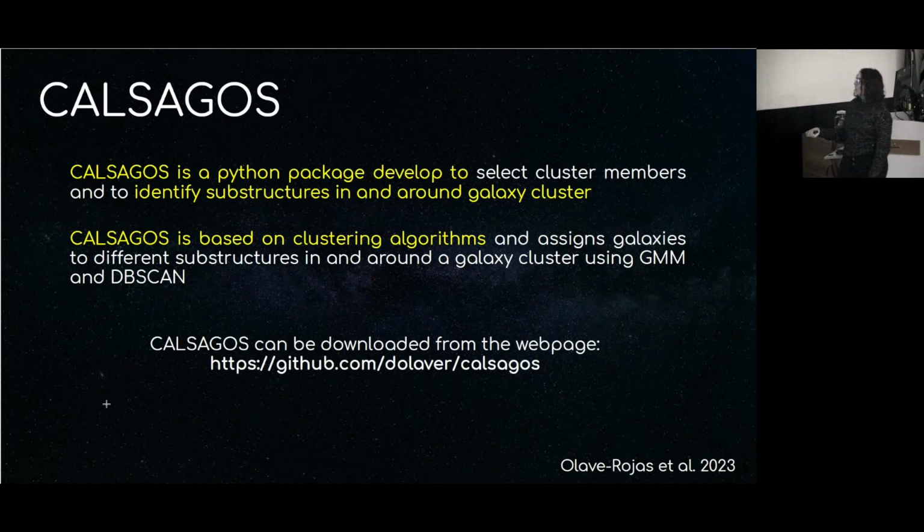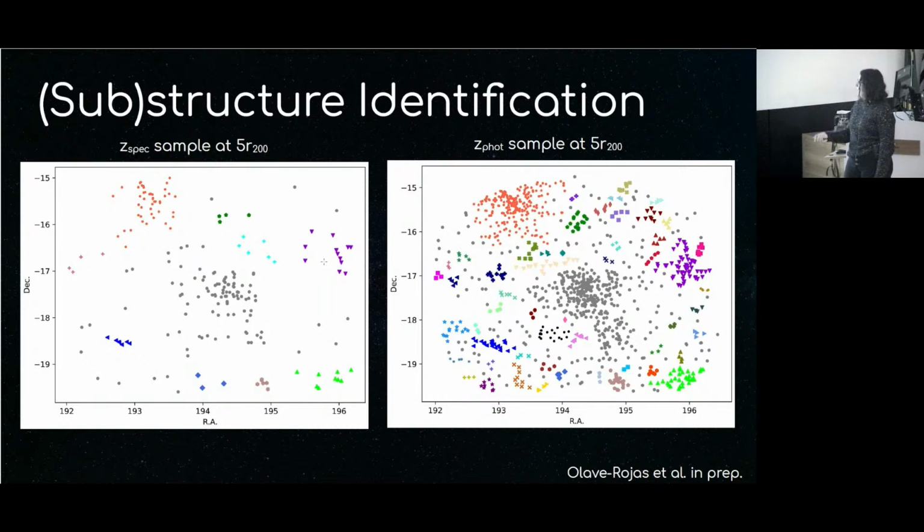The first version of Calzagos is also not very good at identifying substructures using DBScan when you have a big area, for example to identify a cluster or structures. In this plot, we can see an identification of the cluster members and substructure using Calzagos.